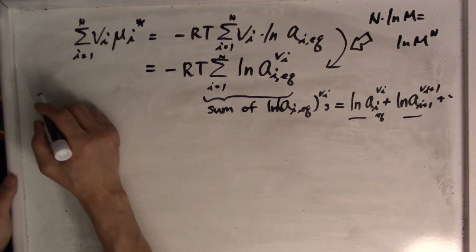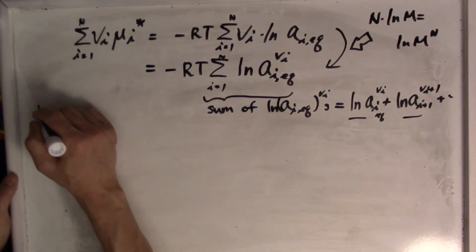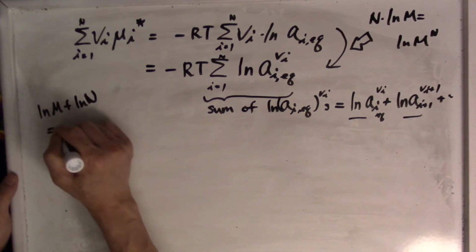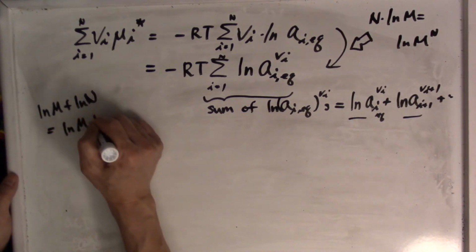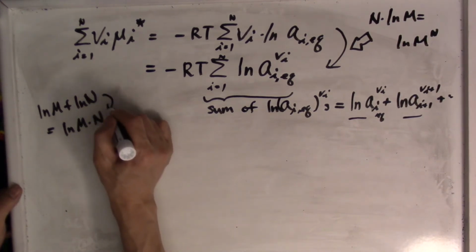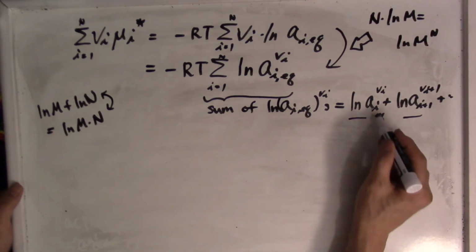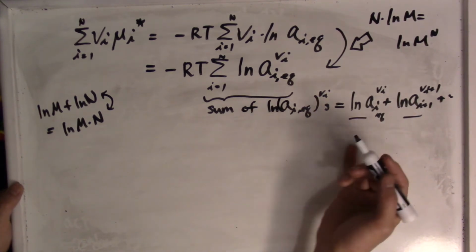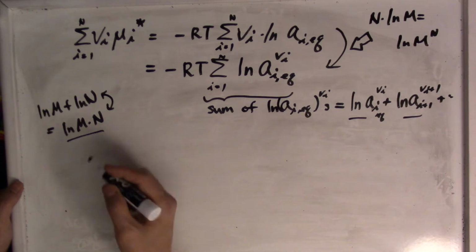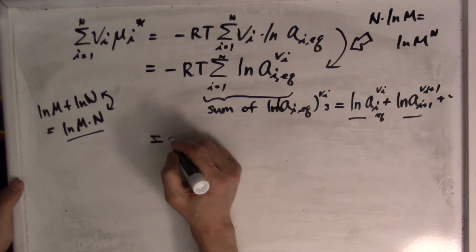But remember, the natural log of m plus the natural log of n is equal to the natural log of m times n. So there's a multiplication relationship: you're adding, but in fact you can multiply all these terms. You can call this minus RT.